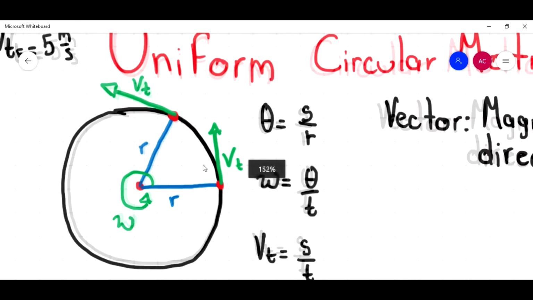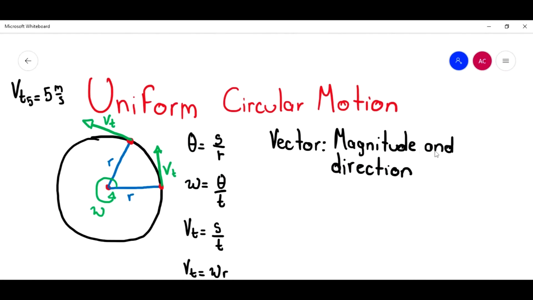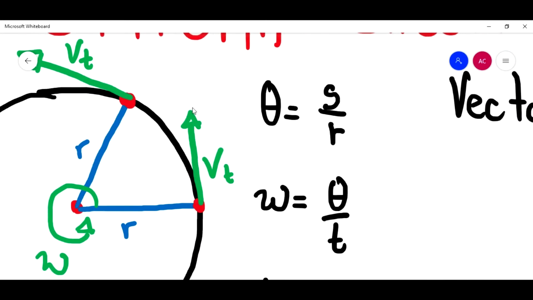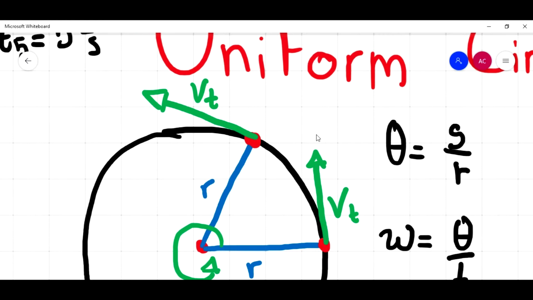But the definition of a vector is magnitude and direction. So the magnitude remains constant, but what about the direction? At this period of time I got this direction over here, it's kind of 90 degrees. And then in another moment the direction changes, and it's between 90 degrees and 180 degrees.